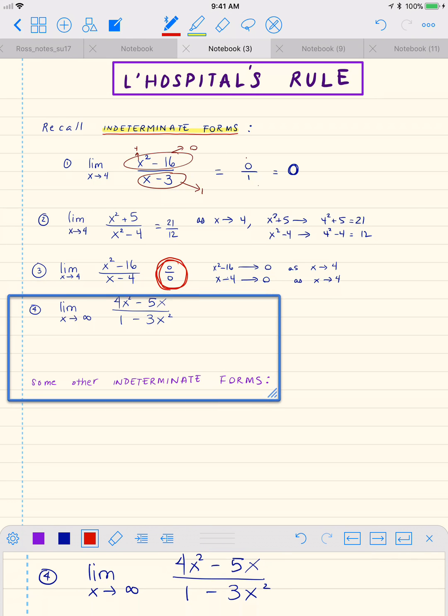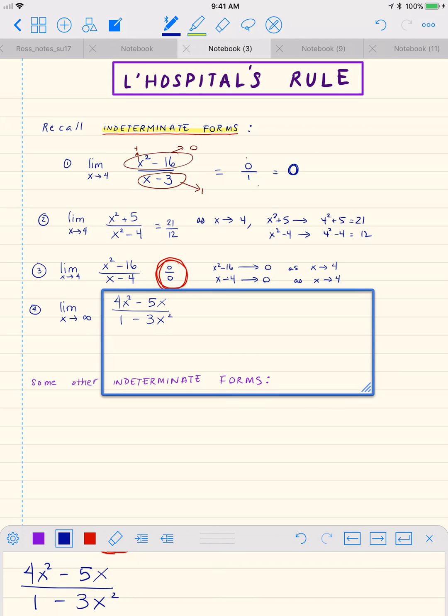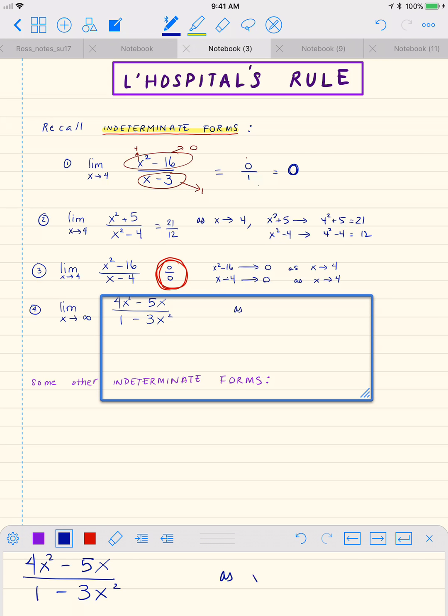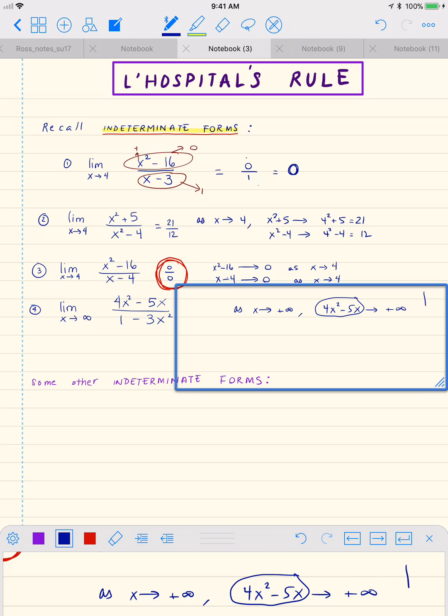Let's look at this last little example here. Now again, as x approaches plus infinity, what will happen to 4x squared minus 5x? It's going to approach plus infinity, because 4x squared minus 5x looks like a parabola facing upward.